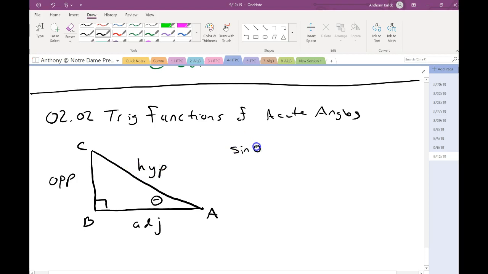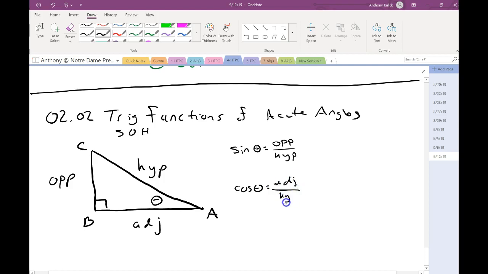Okay? So if I said sine theta, what is the formula to find sine theta? Opposite over hypotenuse. That's the SOH from SOHCAHTOA. And then how about cosine of theta? How do I find that?